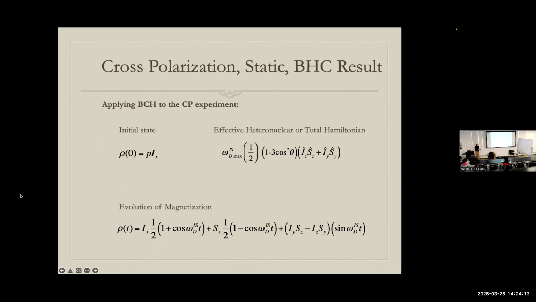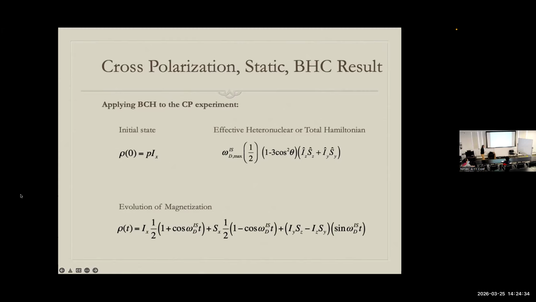The problem we were working on: here's our Hamiltonian, our initial state, and here's the evolution.